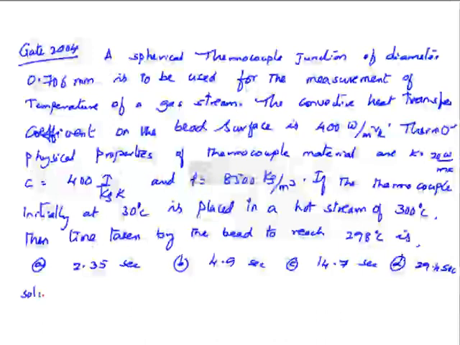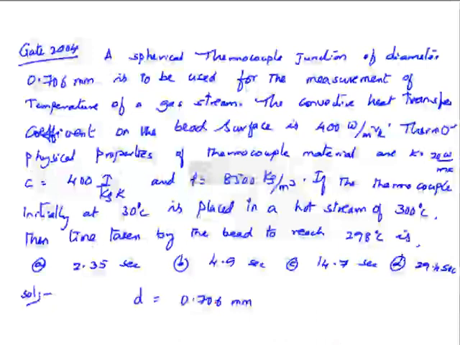The solution to the problem is given like this. We see the bead size is 0.706 mm. Diameter of the bead is given. Therefore, D is equal to 0.706 mm, of very small size.